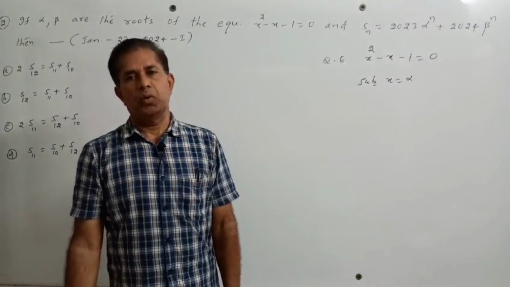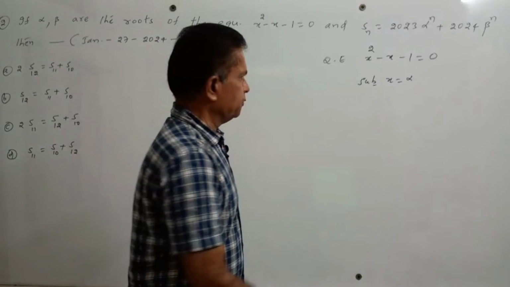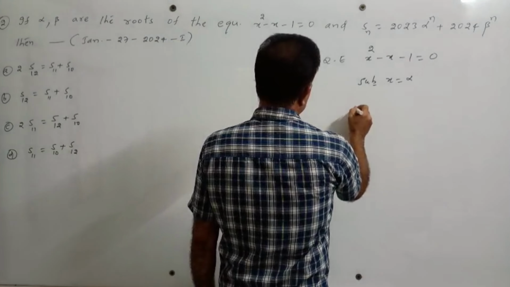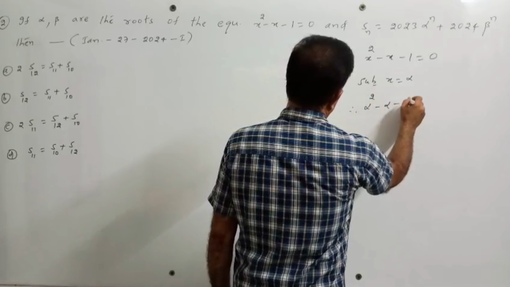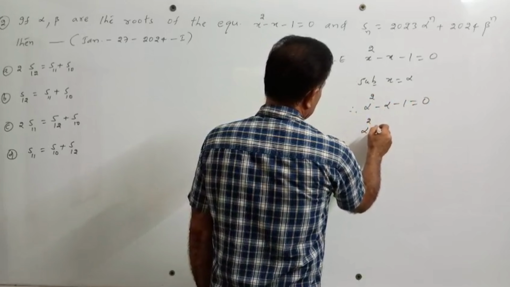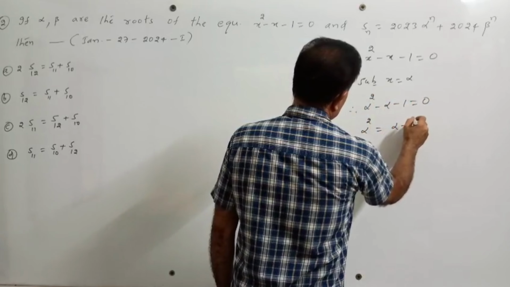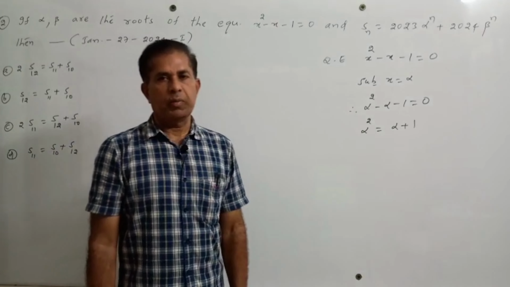So alpha is the root of the equation, it will satisfy the quadratic equation. Therefore, I can say that alpha square minus alpha minus 1 is equal to 0, or alpha square can be written as alpha plus 1. Alpha square is equal to alpha plus 1.